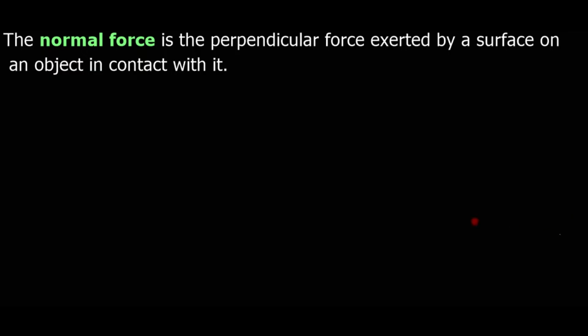But let's elaborate. Let's say we draw a line in this way. Let's say this is line AB. Now let's draw a normal line. A normal line is a line that creates 90 degrees with this line AB.